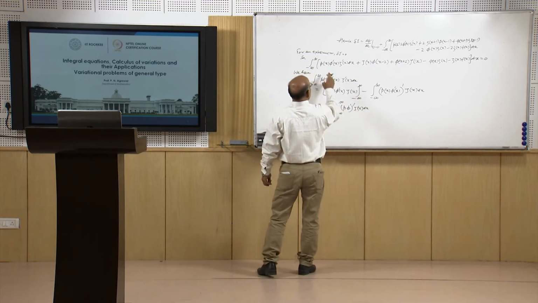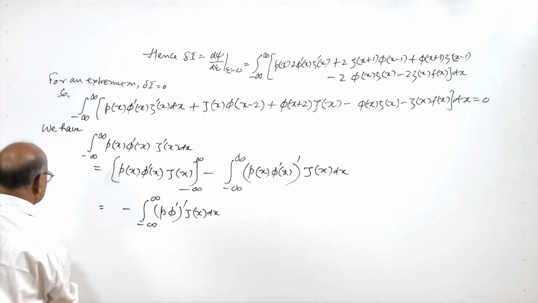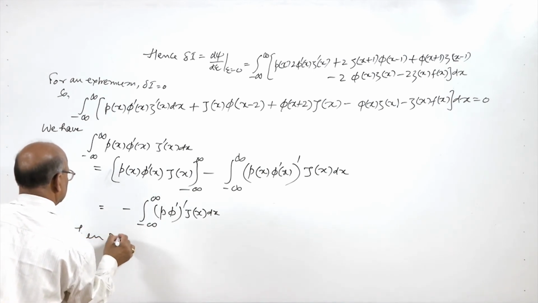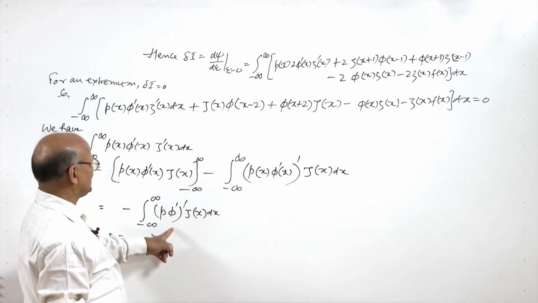Now putting this value here, then delta I equal to 0 will imply that first term will be replaced by this.